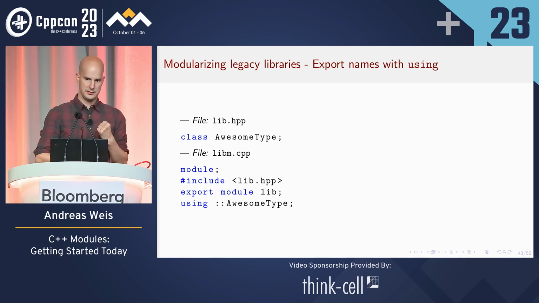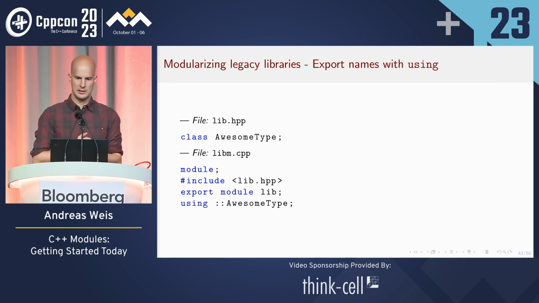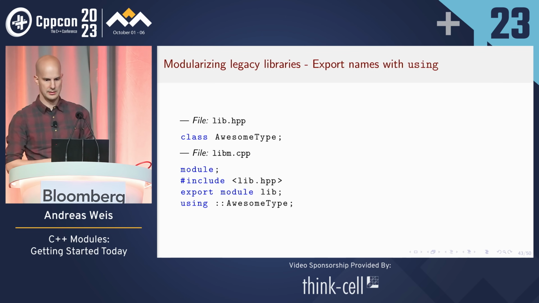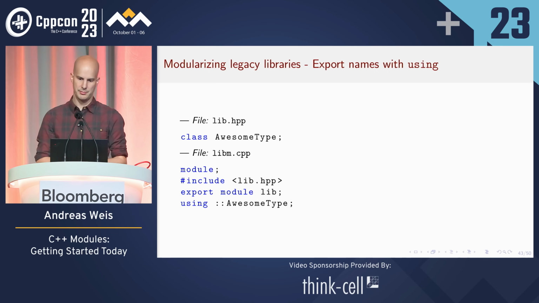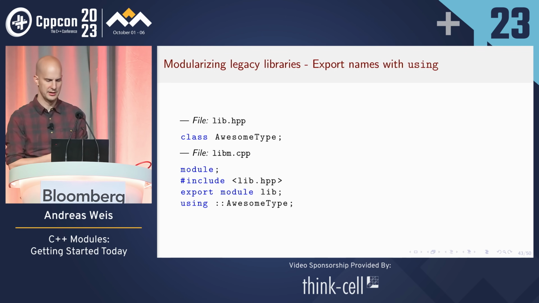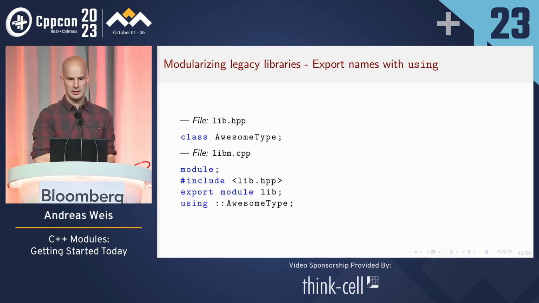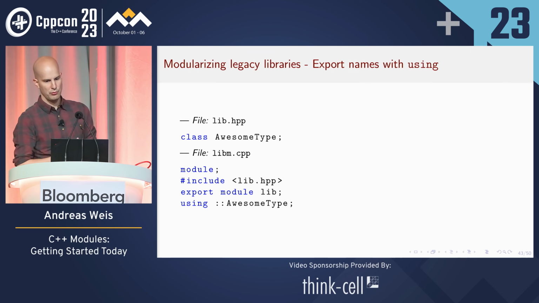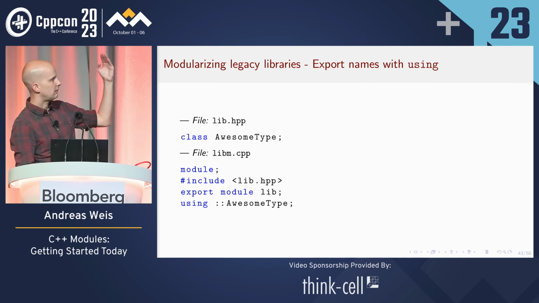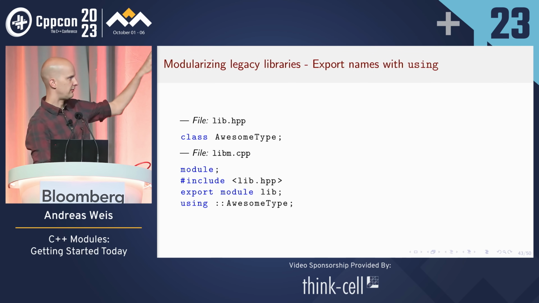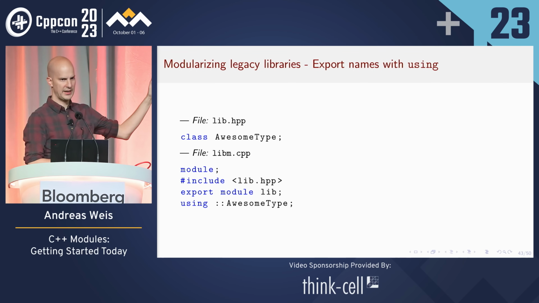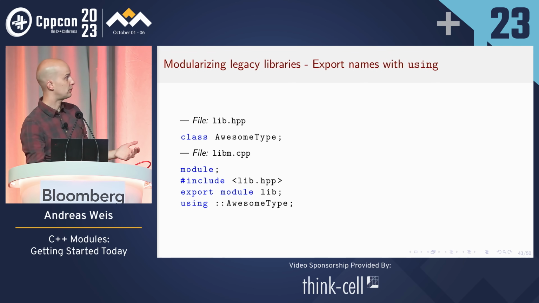Another thing that I want to mention is this possibility to export stuff through using, so exporting using declarations. Again, we have this situation where we have a complete library header lib.hpp, and I just want to export a single symbol from this.